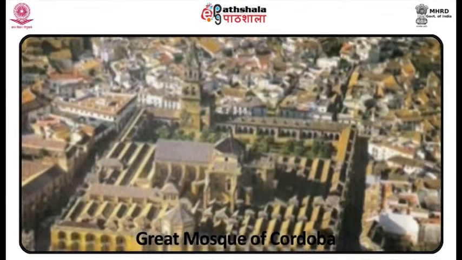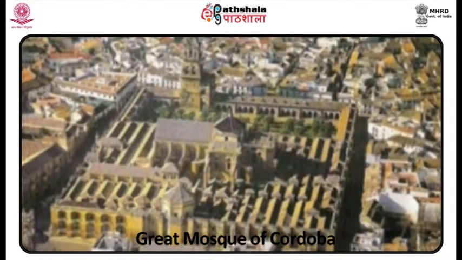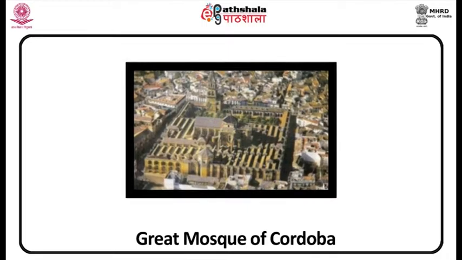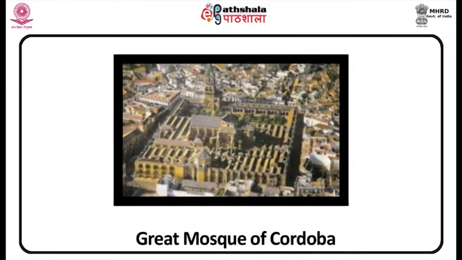Great Mosque of Cordoba. Abd al-Rahman I, 756 to 788, fled to South Spain when the Umayyads were toppled in 750 and established himself as the provincial ruler.